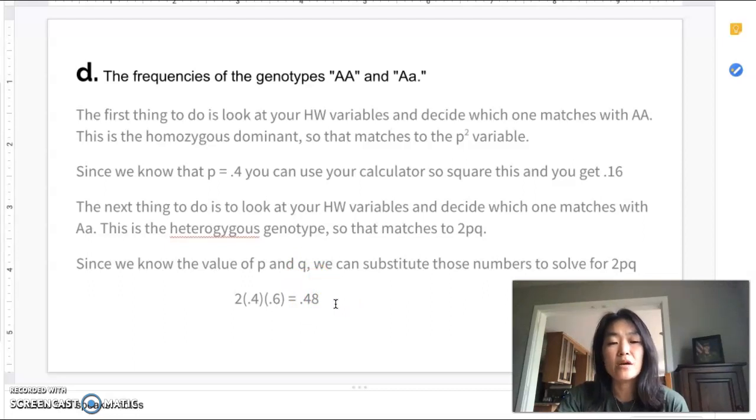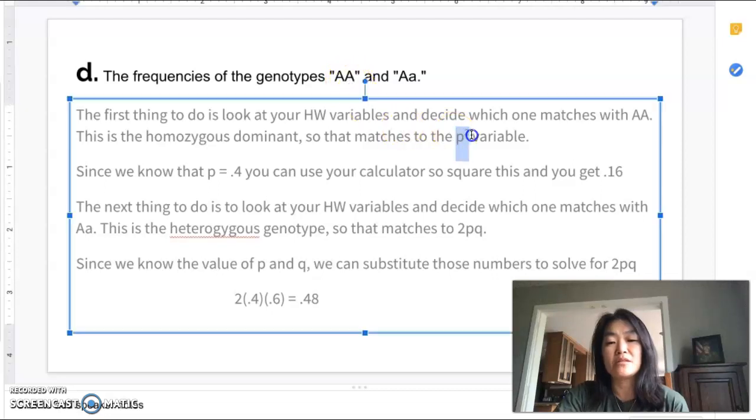Okay, part D, the frequencies of the genotypes capital A, capital A, and capital A, lowercase a. As far as remembering what that is, this is homozygous dominant, and this one here is going to be heterozygous. So if you look at your Hardy-Weinberg variables, you will see that the homozygous dominant frequency matches up to p squared.